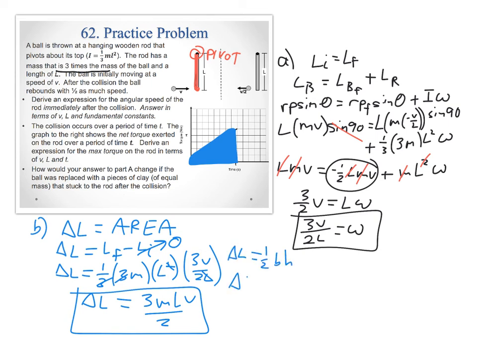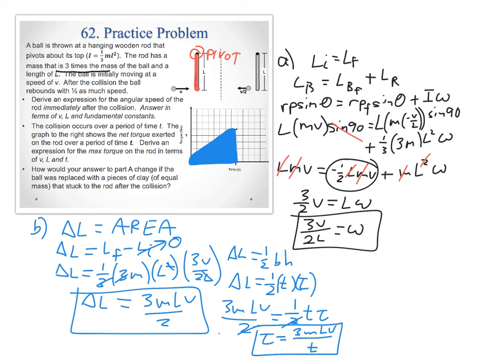So we can say our change in angular momentum is 1/2 t times that torque, which is just tau. We set those equal to each other, so 3mLv over 2 equals 1/2 t times tau. Those 2's cancel out, and we're left with a maximum torque here of 3mLv over t. And so there's our answer to that part.